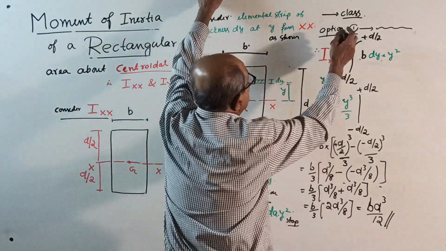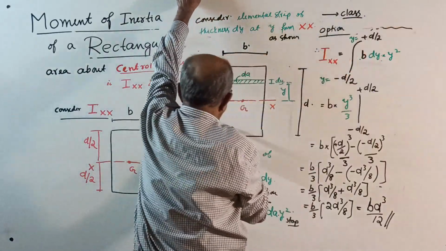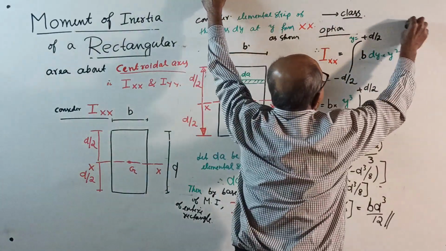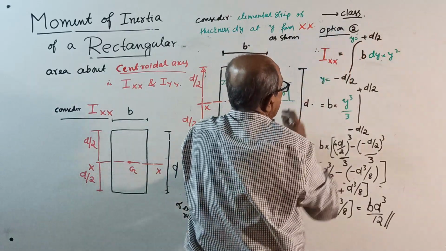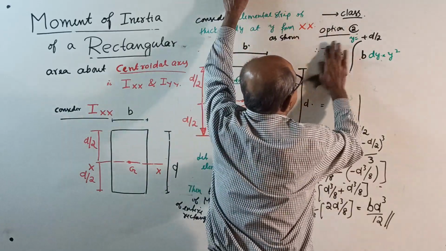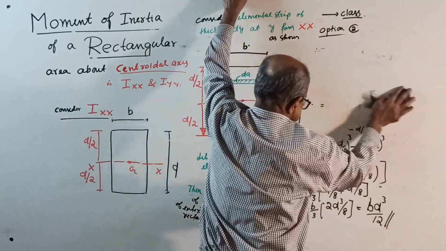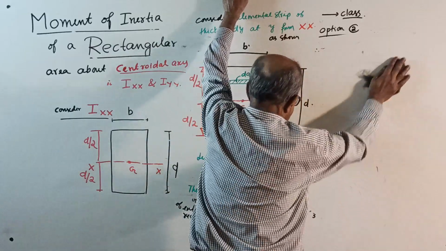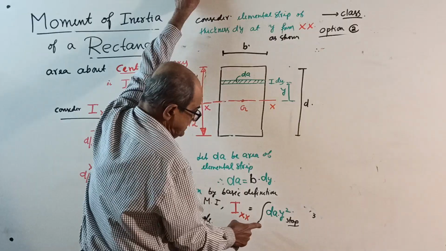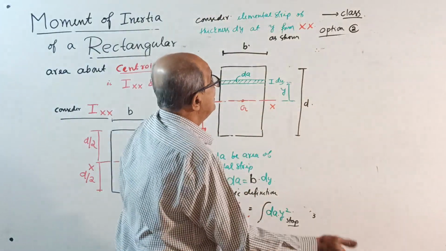See, option 2 I will write here now. This sketch will remain the same. Something I will tell in the class now. You should write it. Option 2. I already wrote Ixx equal to integration of dA into y square.